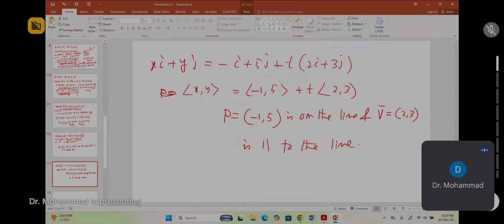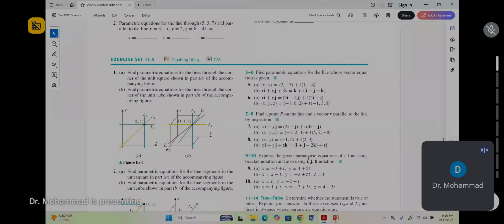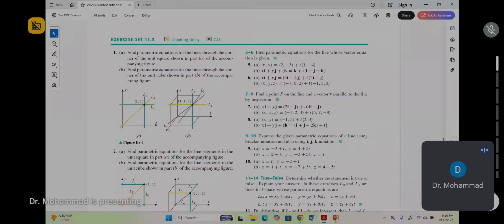So now look at the problem number 9 and the 10. Express the given parametric equation of a line using the bracket notation and also using Ijk notation. So we have the lines x, y, and z, okay. So we need to express this equation using a bracket notation and also using the Ijk notation.